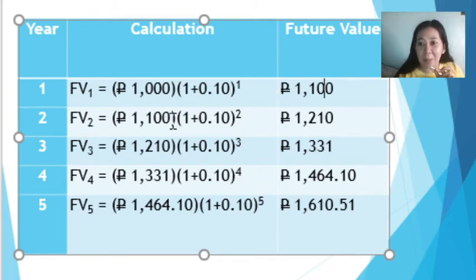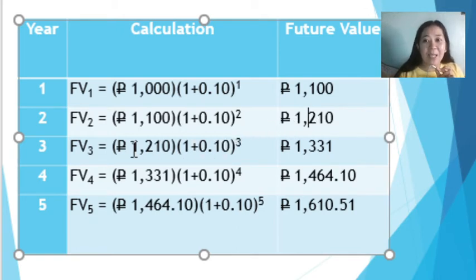So we multiply 1,100 again with our interest rate for the second year. Our interest is now 110, and we add that to the future value that we have in the first year. That's why in the second year, it's now 1,210.